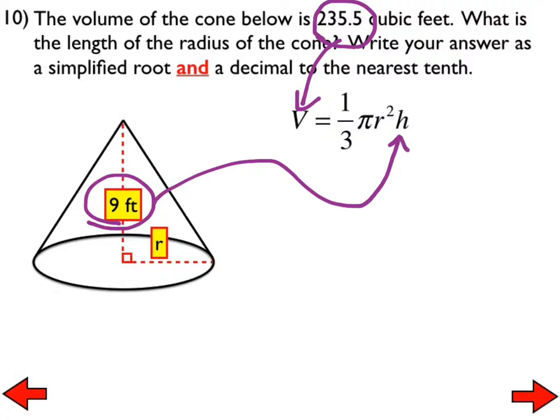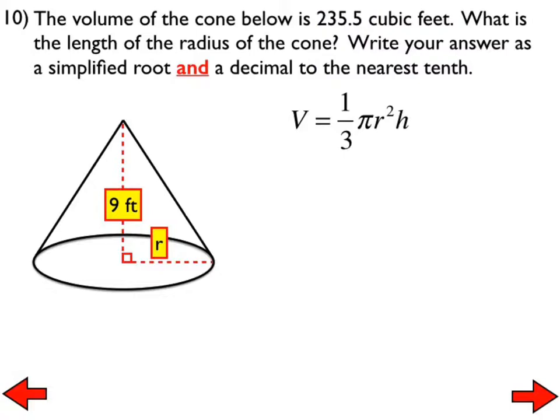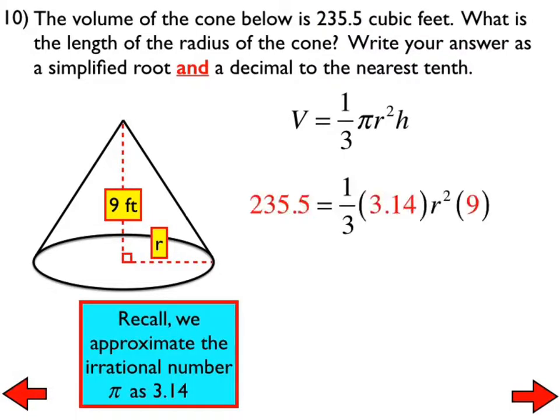And I guess one other thing that we do know is that the approximation that we usually use for pi is 3.14. So if I substitute all those 3 pieces in, I have something that looks like this. 235.5 in for the volume, 3.14 in for pi, 9 in for the height.